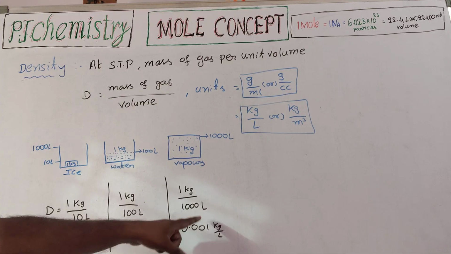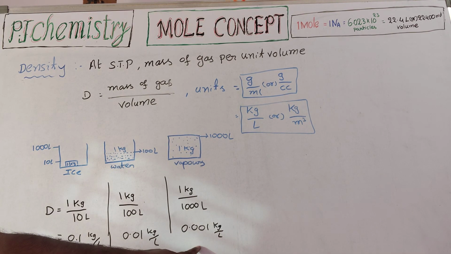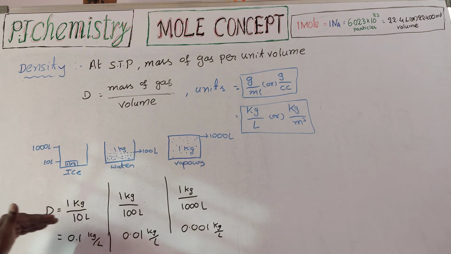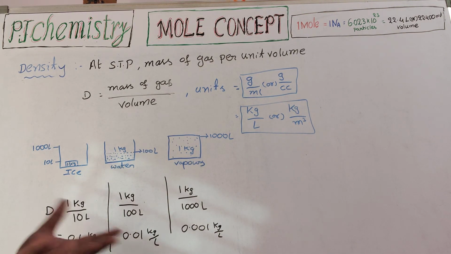More volume occupied, lower density. Less volume occupied, more density. Here we observe the volume changes. More volume occupied means more air gaps, so they have a lower density, even though mass is the same.